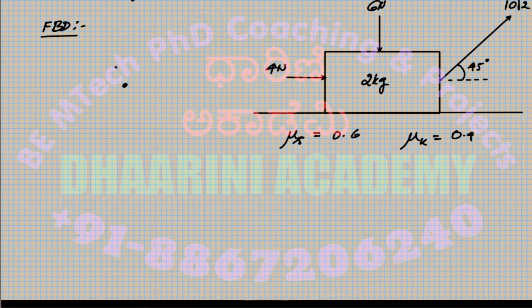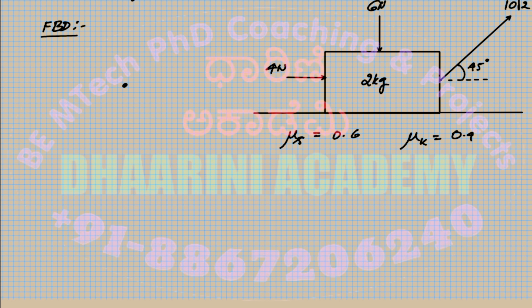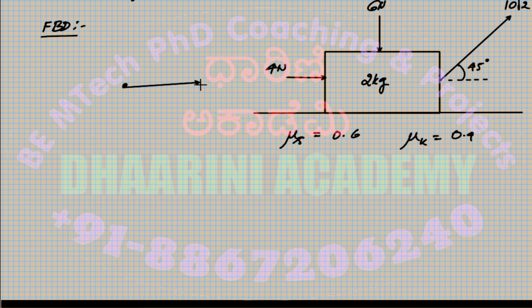Anyway, the 10 root 2 will be split up into two components. Okay. One is a vertical component, one is a horizontal. So, the horizontal component is 10 root 2 into cos 45. Okay. So, there is a horizontal force acting on this body. That is 10 root 2 into cos 45. Cos 45 is 1 by root 2. So, there is a 10 Newton acting horizontal.